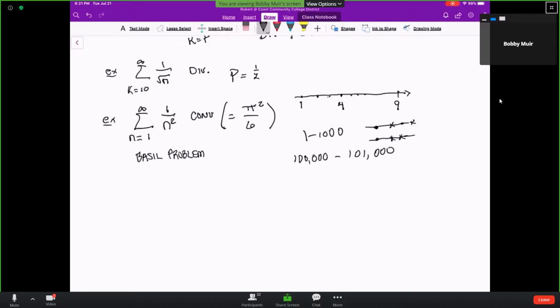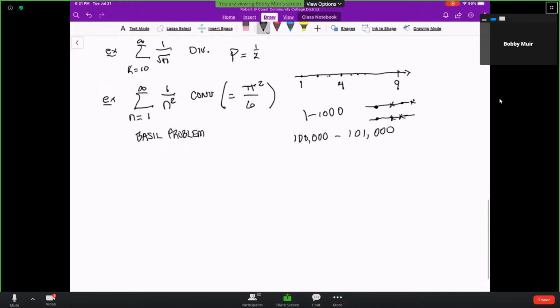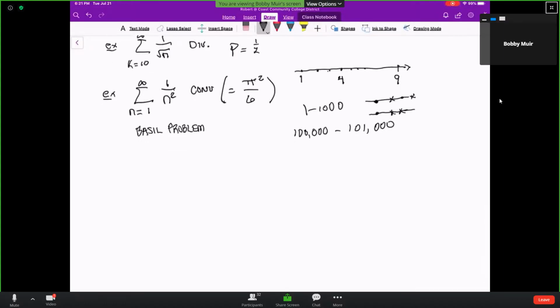So this is what Euler reckoned. If the primes are going to be really abundant, then this sum over P being a prime of 1 over P, which is going to be a half, and then a third, and then a fifth, then a seventh, and then 11, 13, 17, and so on and so forth.